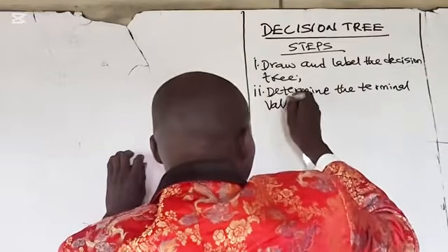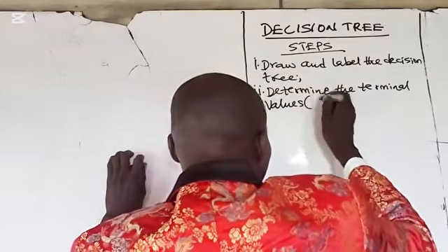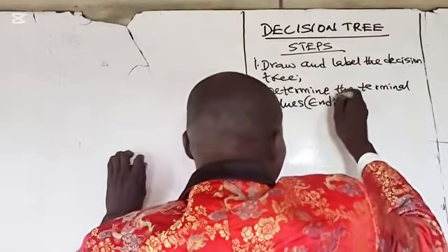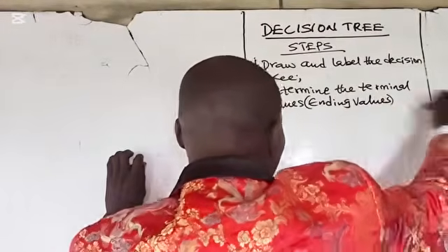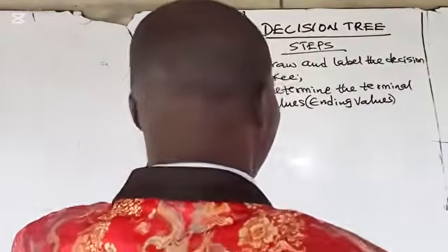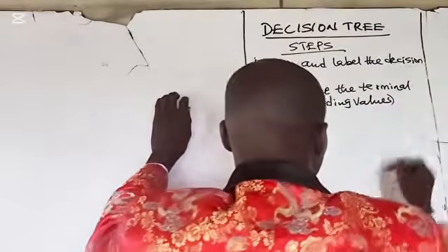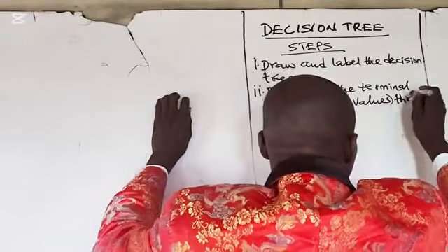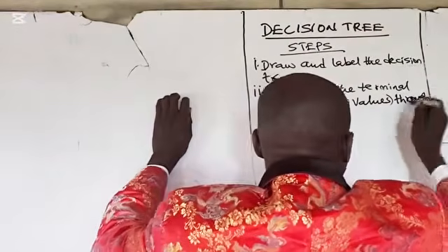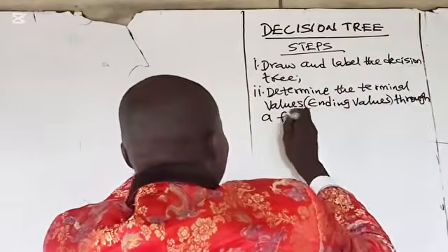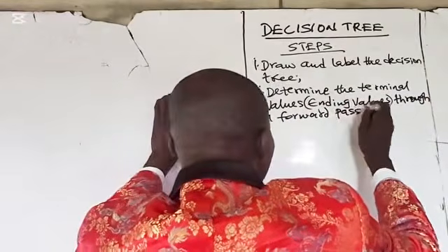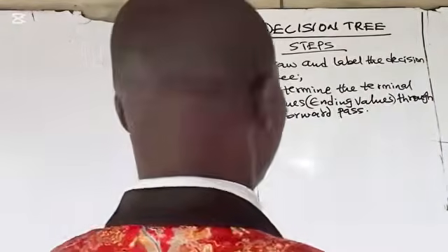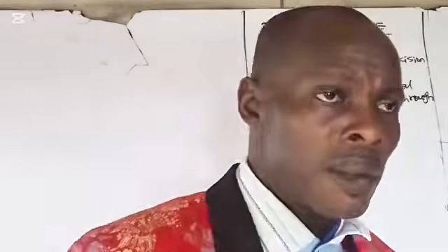That is the ending value, so that is the meaning of terminal values: where it terminates, where it ends. Determine the terminal value through a forward path.